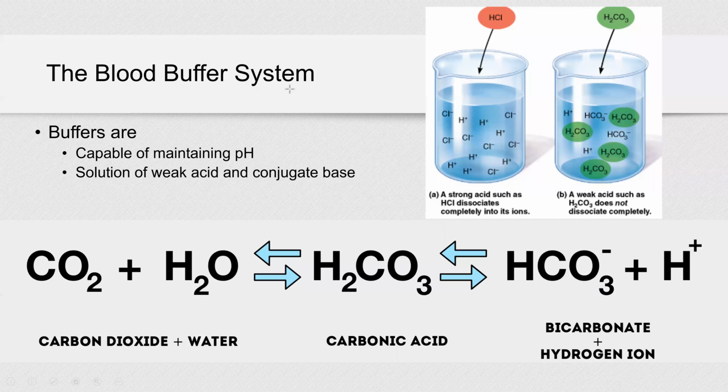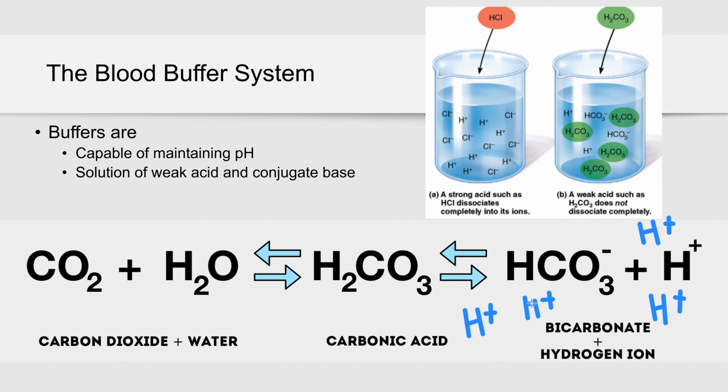So when, for example, in your blood, you increase the concentration of hydrogen ions. So you have lots of hydrogen ions now in your plasma, right? So when we have an increased concentration of hydrogen ions, your plasma becomes acidic. So you need to get rid of them.